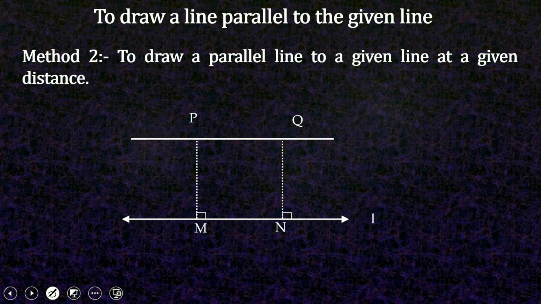Draw a line through PQ. Name it as M. The line M passing through the points P and Q is parallel to line L. In this way, you have to draw a line parallel to a given line.